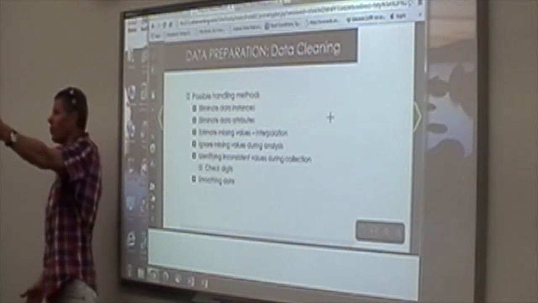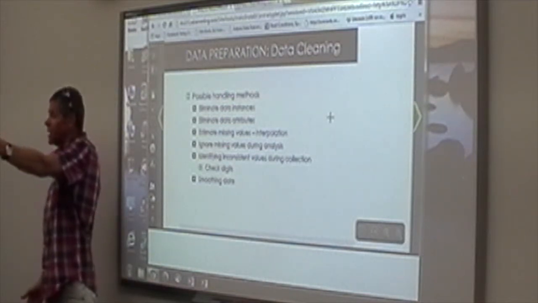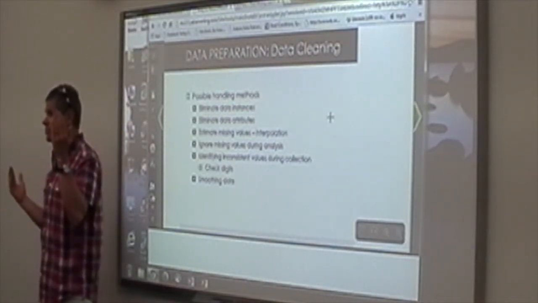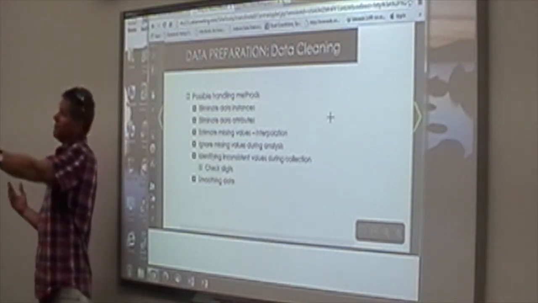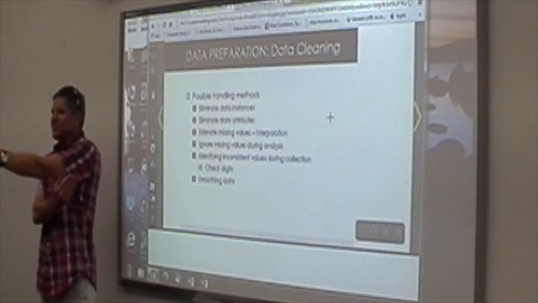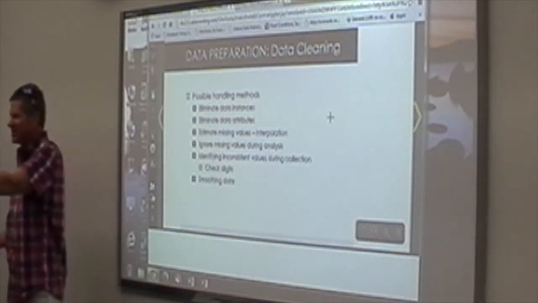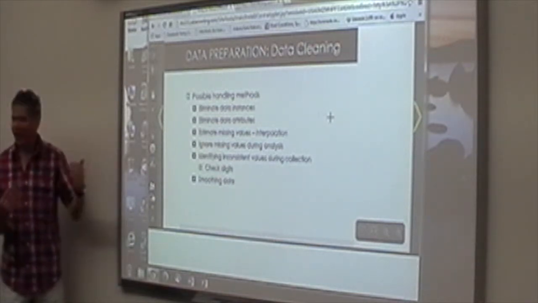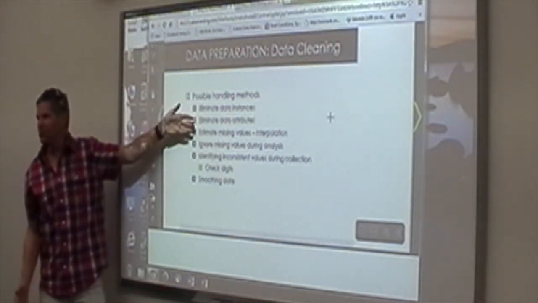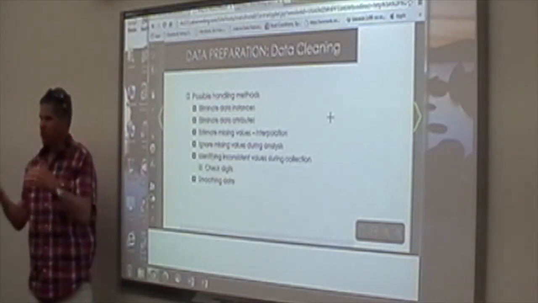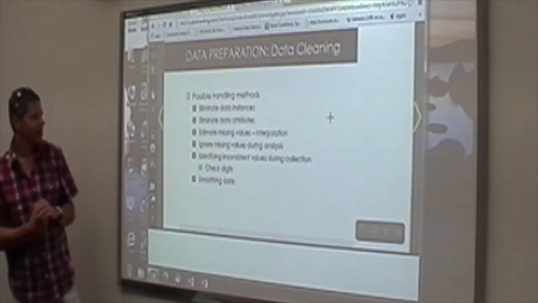Eric's weight was way off. Maybe you don't want to include weight. Eric's weight was way off. Maybe you don't want to include Eric. That's cool. I don't want to be included anyways. So here's not including Eric and here's not including weight. Those are two different ways of handling that.